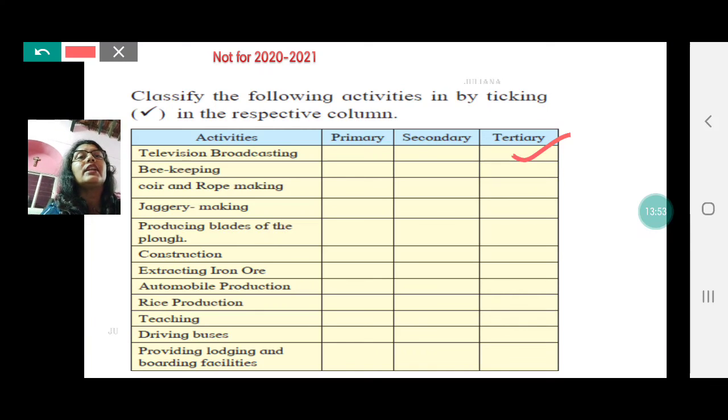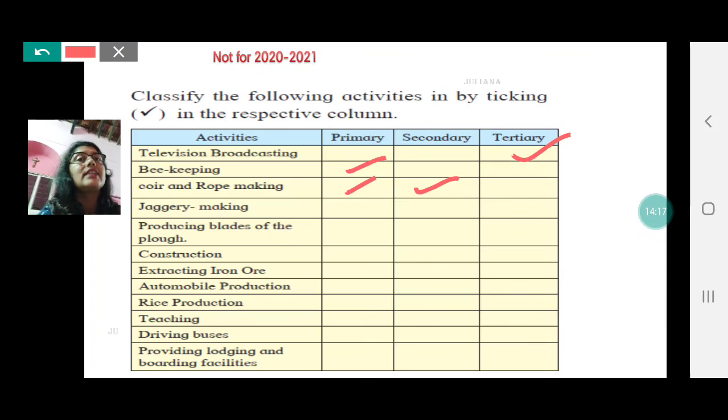Beekeeping, definitely, yes, the primary sector. Coir and rope making. Okay, now rope manufacturing, it can come under secondary, though at times you may also consider it as primary. Okay, because rope making and all uses the raw material directly, but converts it into something else.